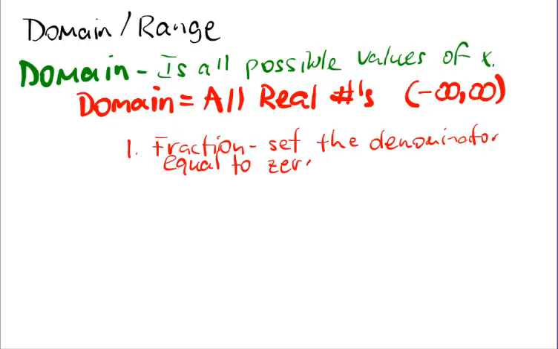Whatever value you get for x is not in your domain. Okay? So if you have a fraction, set the denominator equal to 0. The resulting value is not in the domain.